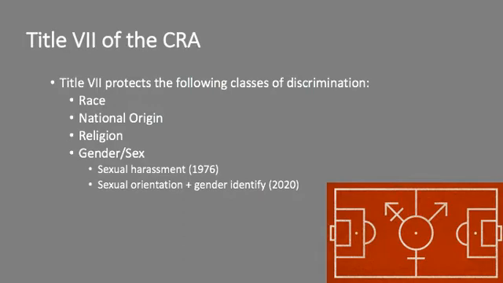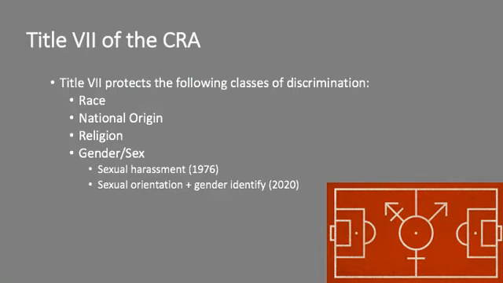But as I mentioned earlier, the law itself has really been expanded over the years to cover other groups of marginalized individuals. And you can see that here, right? So these are, through prior court decisions, precedents, that we also include discrimination based on national origin, discrimination based on religion, and discrimination based on gender or sex. So you can see that the law itself has expanded to cover a lot of different groups over time.